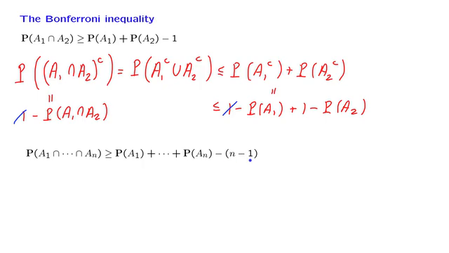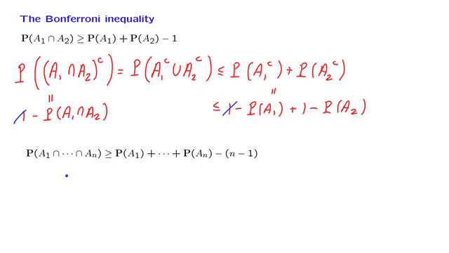We subtract n minus 1, so this term on the right hand side will be close to 1. Therefore, the probability of the intersection will be larger than or equal to something that's close to 1, so this is big. Essentially what it's saying is that if we have big sets and we take their intersection, then that intersection will also be big in terms of having large probability.